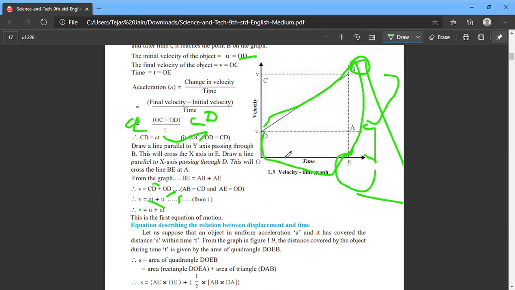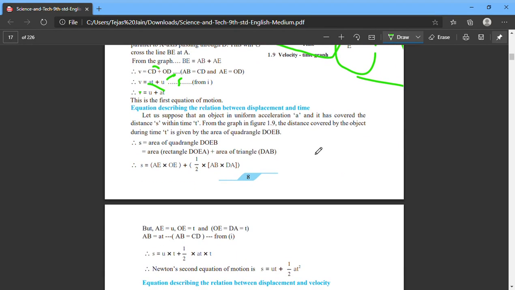Now the area of this quadrangle is equal to the area of rectangle DOEA plus the area of triangle DAB. Now see, this is the triangle, right? And the rectangle DOEA, right? Now we know the formula for the area of a rectangle is length into breadth. Therefore s is equal to AE into OE plus the area of the triangle, given by the formula 1/2 into base into height, that is 1/2 AB into DA.